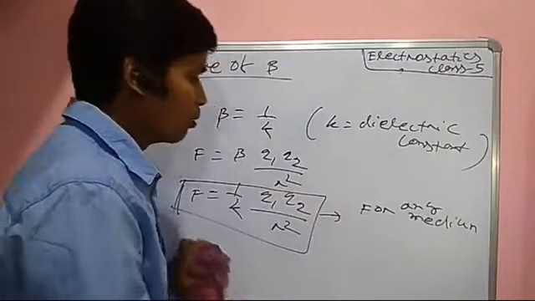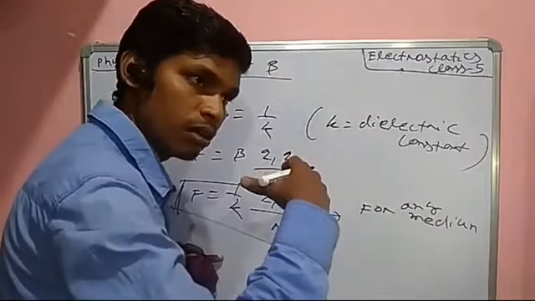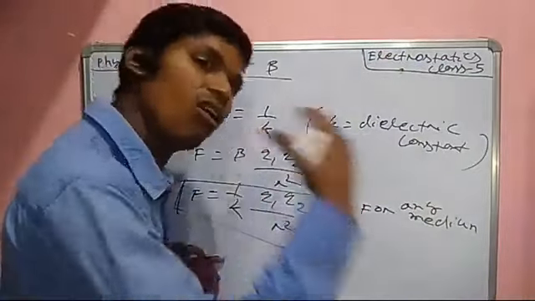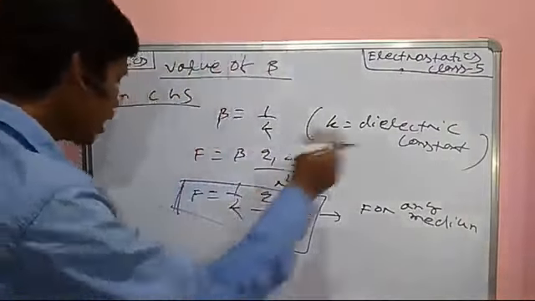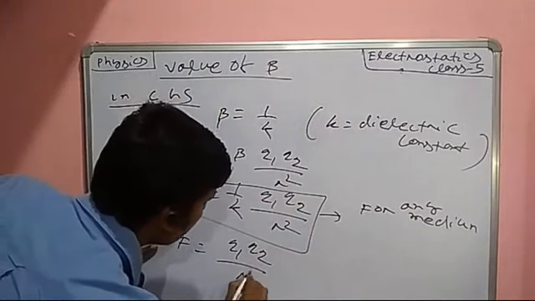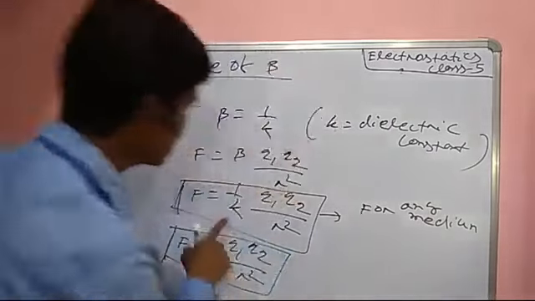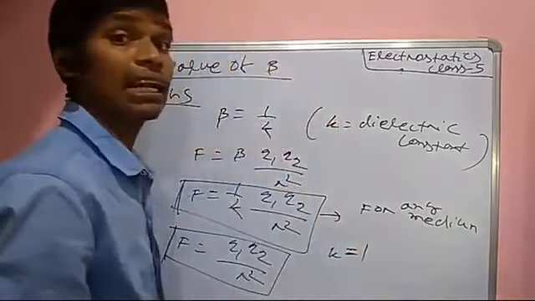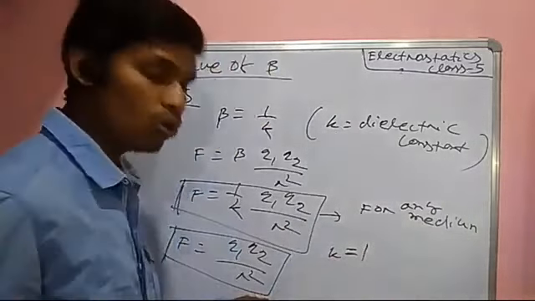Whenever water is present, the k value changes. Whenever a metal or iron is present between the two charges, k also changes. So k depends upon the nature of the medium. And whenever F is equal to q1 q2 by r square, that means k is equal to 1. This is for air medium. You have to remember, in air medium k is equal to 1.